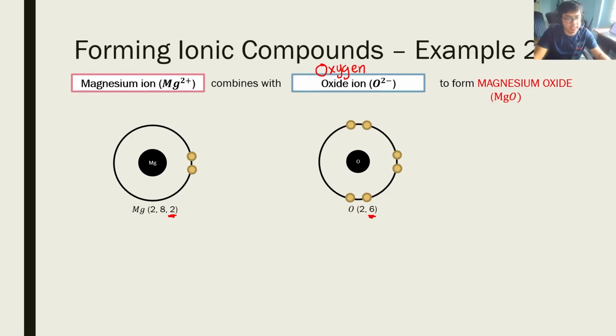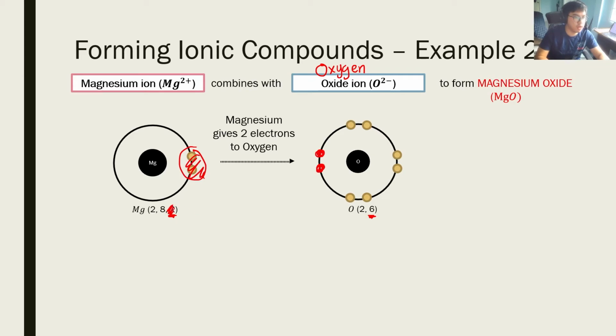So how does magnesium form an ionic bond, joined together with oxygen? So magnesium gives 2 electrons to oxygen. So these 2 electrons are given to oxygen. Okay, so magnesium loses 2, oxygen gains 2, so it becomes 2,8. And then magnesium, because it loses 2, becomes plus 2.